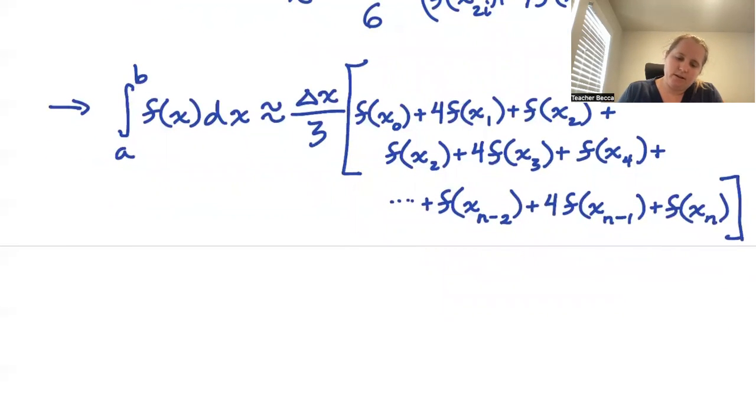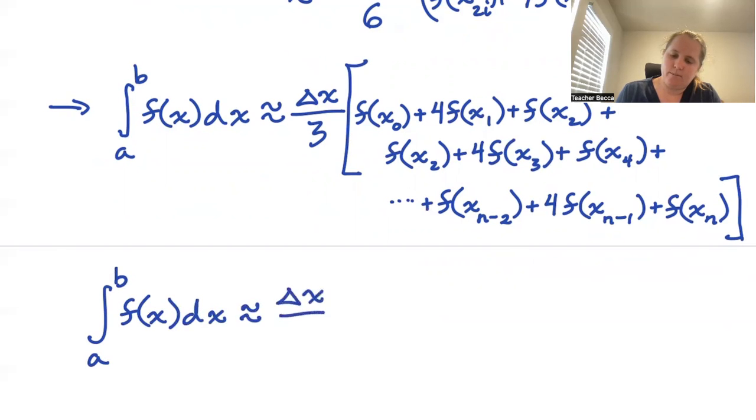At this point, we have the definite integral from a to b of f(x) dx is approximately delta x divided by 3 times f(x_0), which is just f(a).